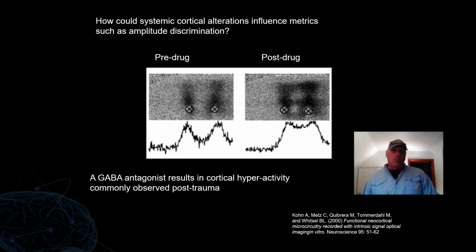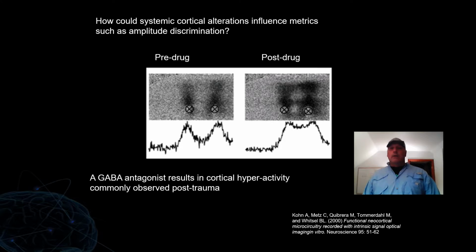The pre-drug is normal condition, and basically notice the two X marks on the left that are activating. Those are locations of electrical stimulation for different areas of basically columnar organization, two columns of organization, and note that those groups of cells get active, and the histogram below it is very well separated.